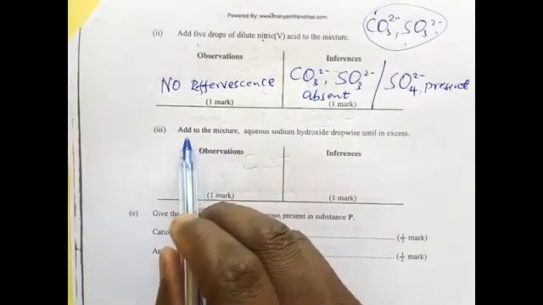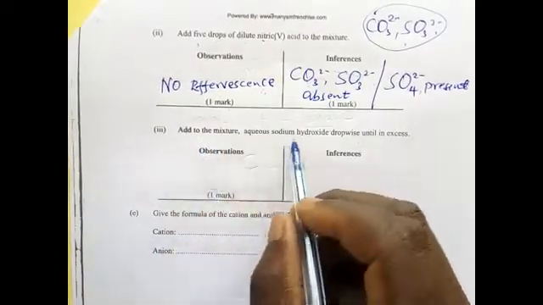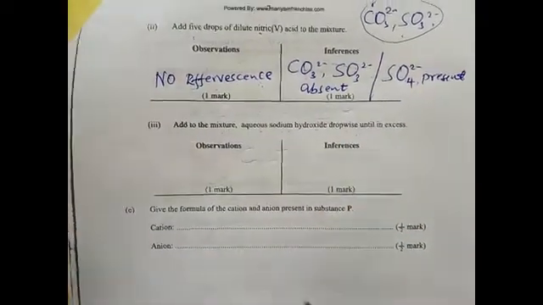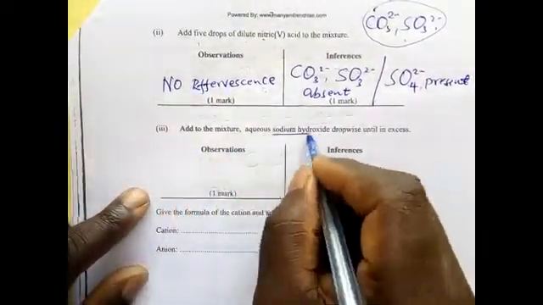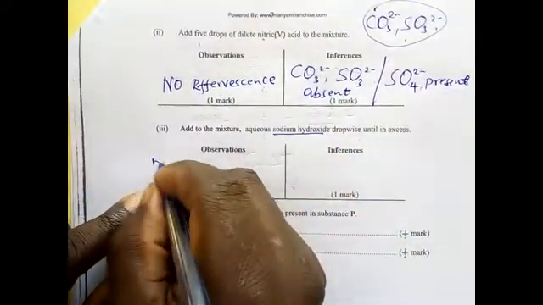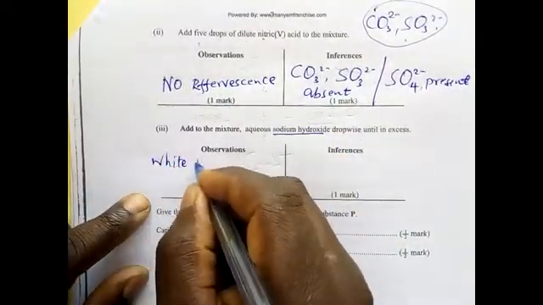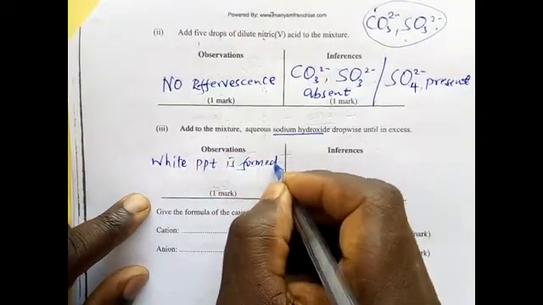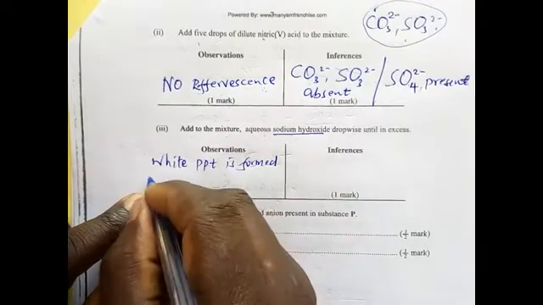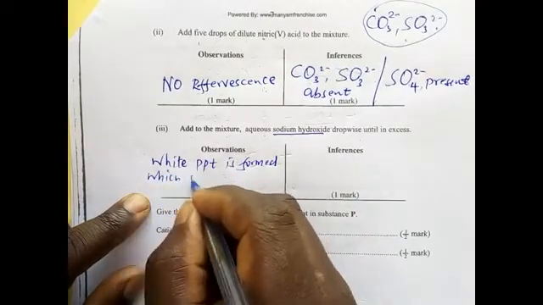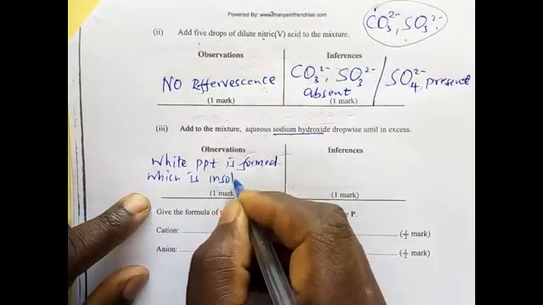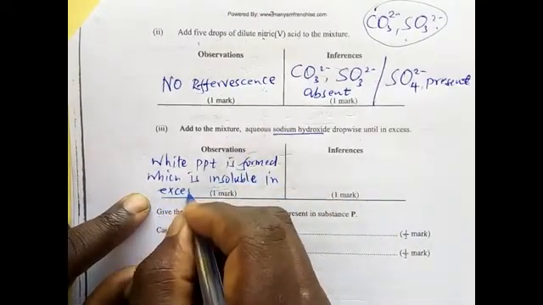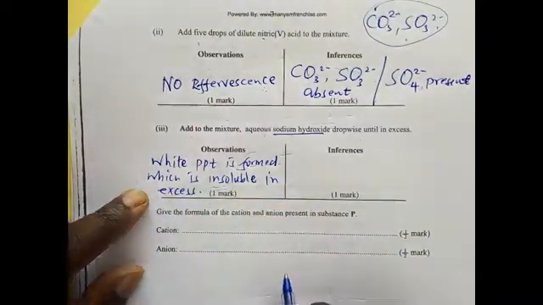Add to the mixture aqueous sodium hydroxide droplets until in excess. We are adding sodium hydroxide. The observation is that a white precipitate is formed, insoluble in excess.